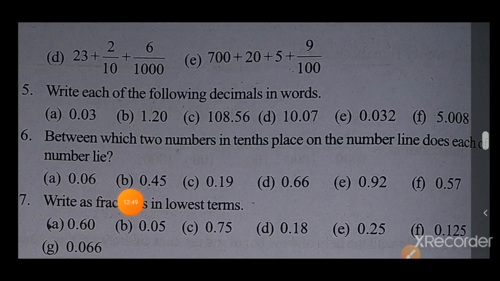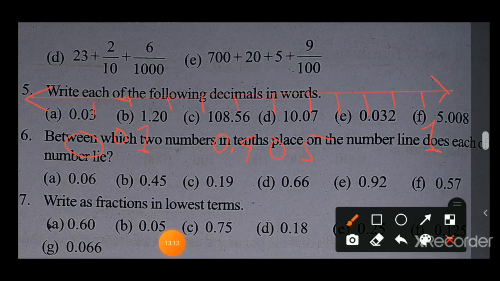Now the part B, that is 0.45, in which this is for the tenths part and this is for the hundredths part. So on the number line, the numbers are like this. It is 0 and it is 1, and in between 0 and 1 there are 10 parts, 1, 2, 3, 4, 5, 6, 7, 8, 9, 10. It means it is tenths.